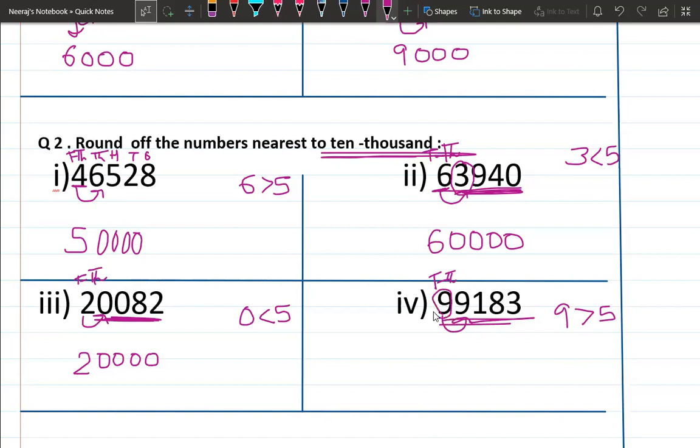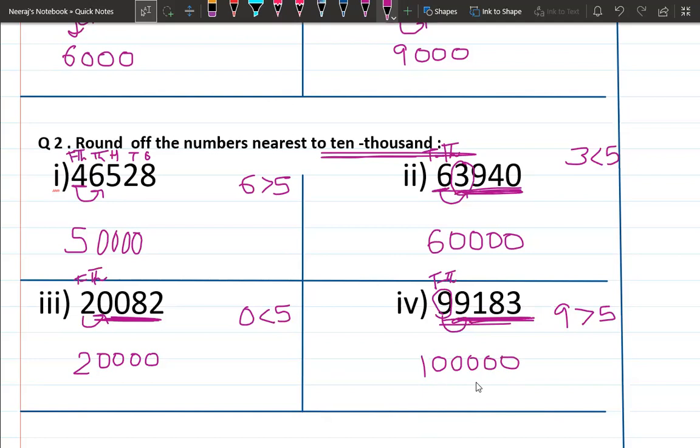So it will become 10, because you are increasing the digit 9 by 1. So 9 plus 1 is 10, and the rest of the numbers will become 0. 9183 will be replaced with 4 zeros. 1, 2, 3, 4. So this will become 1 lakh.